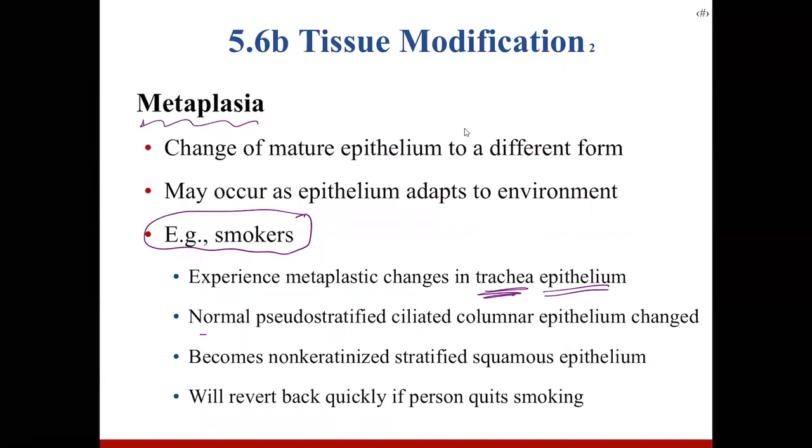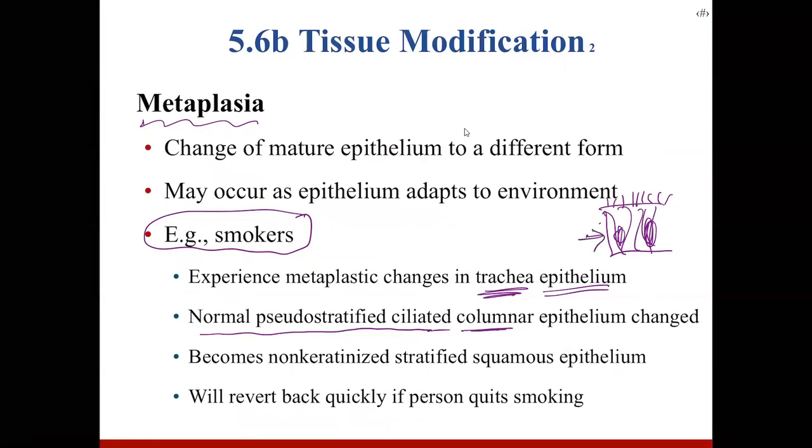Normally what we have is this normal pseudostratified, ciliated columnar epithelium. So picture it, here are pseudostratified cells with goblet cells making mucus, and they have cilia on them. What happens is the chemicals in the cigarettes cause these cells to change.